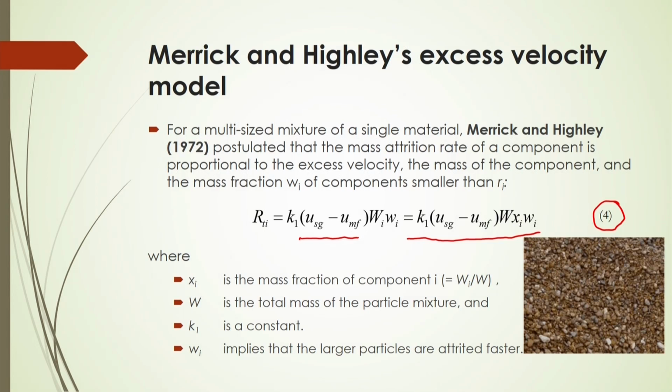And capital W is the total mass of the particle mixture, and K 1 is a constant which will be obtained from the experimental results, and W I implies that the larger particles are attrited faster here. So, this is the amount of larger particles that are attrited faster, and then the fraction will be x I for that specific class of particles.